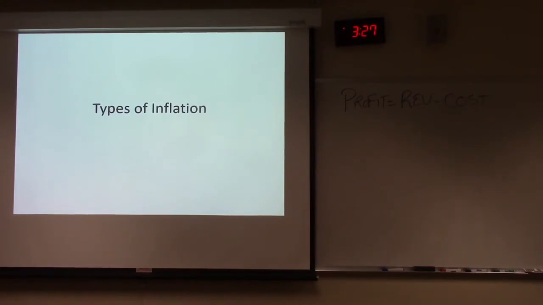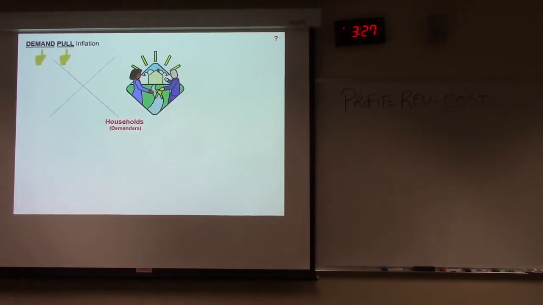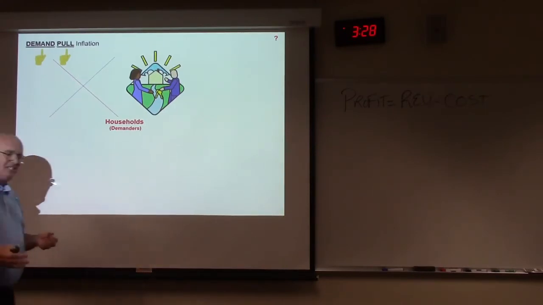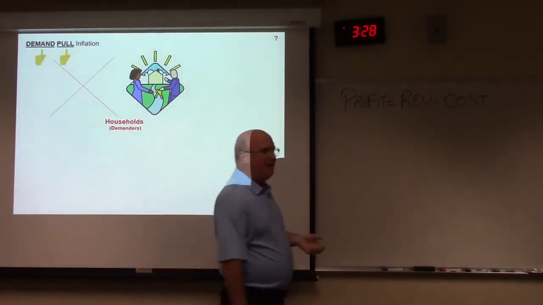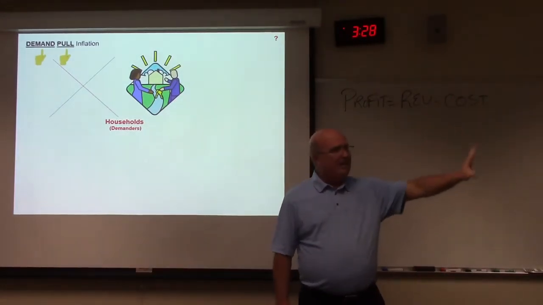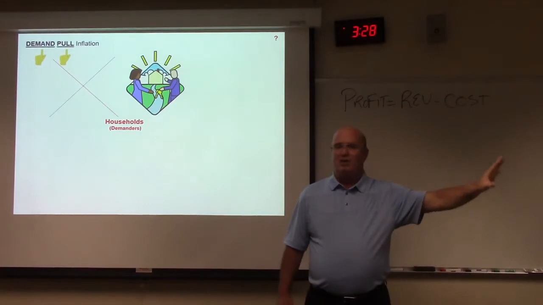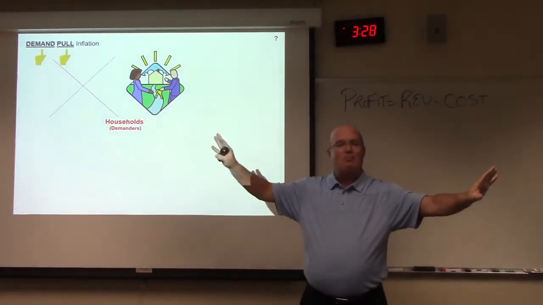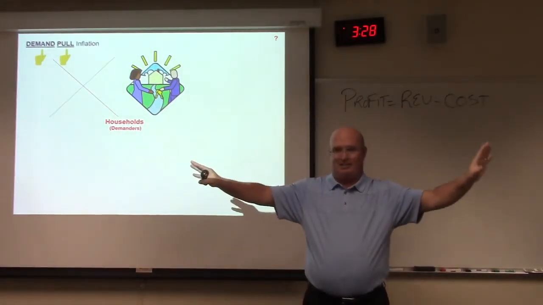All right, now we do have three types of inflation. One we call demand pull. These types of inflation kind of get confusing sometimes. But literally, households are causing the demand pull because we are demanding more stuff. Which means, if we go back to our corn, we've got almost no corn left, but there's a whole lot more people that want corn.